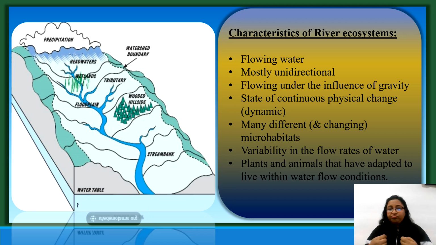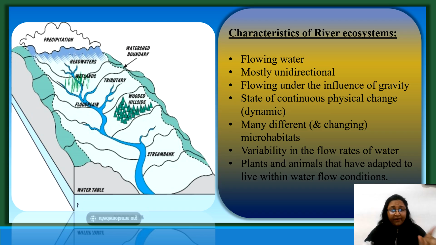So they are adapted to high water velocity. They are adapted to high light intensity. So there are many things the bodies of these fishes are adapted to. So plants and animals which live in a certain section of the river are adapted to that water flow condition.